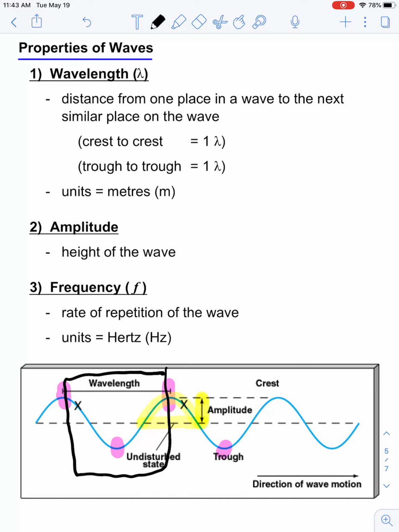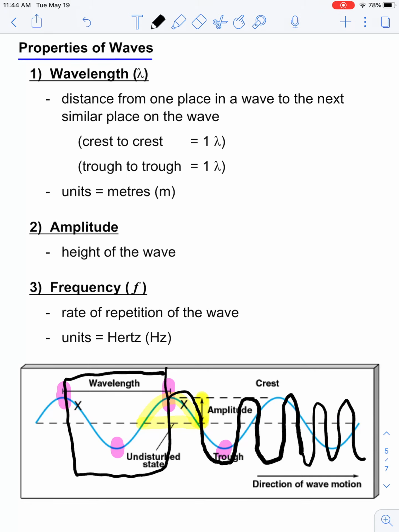But if I took a wavelength and made it happen at a faster frequency, it would just go crest to crest quicker, quicker and quicker.